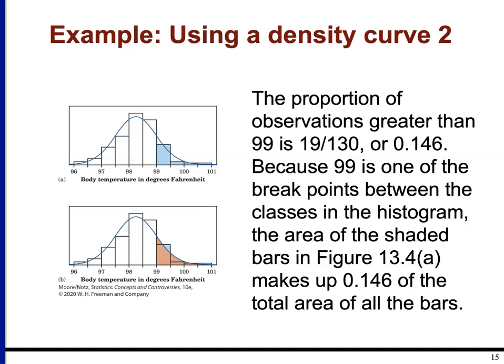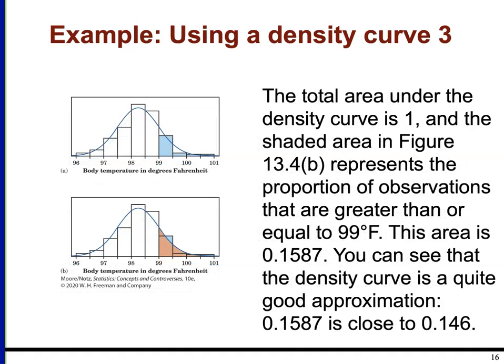The density curve and the histogram are going to be slightly different. You see here that the proportion of observations in the blue region is 19 out of 130, which tells us we're looking at 0.146 of the total observations. Whereas with the orange section using the density curve, the area is 0.1587.